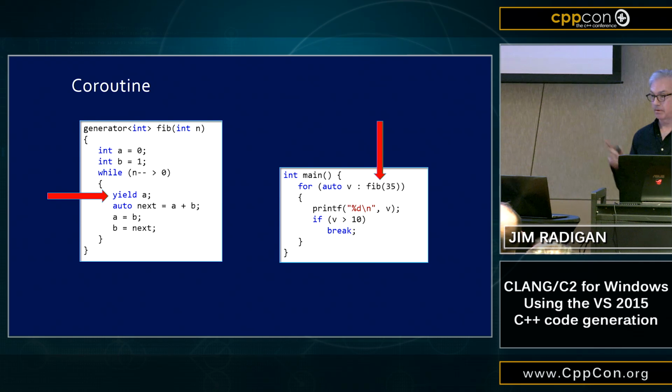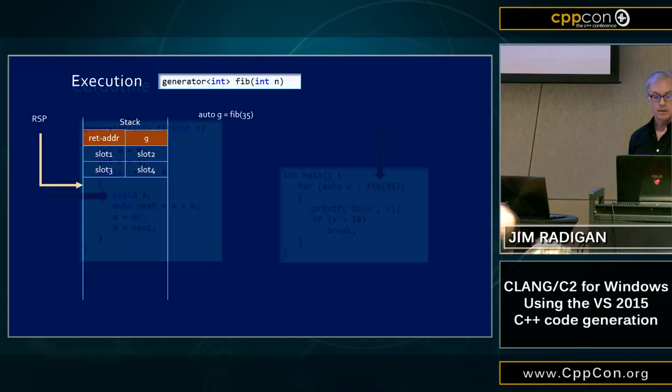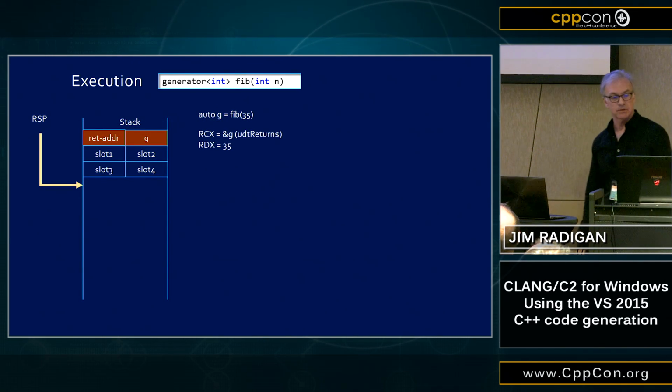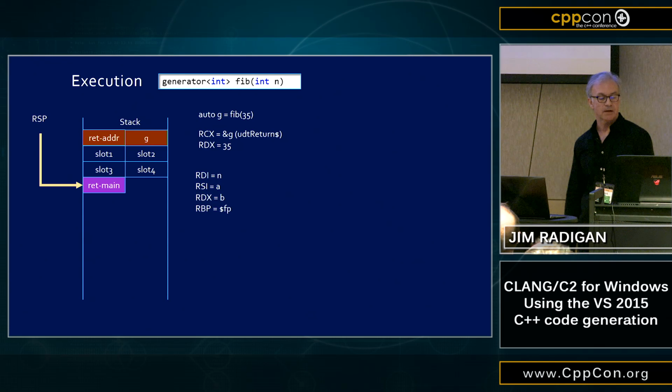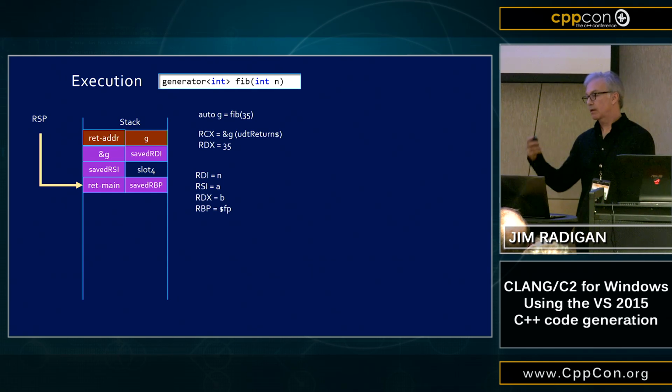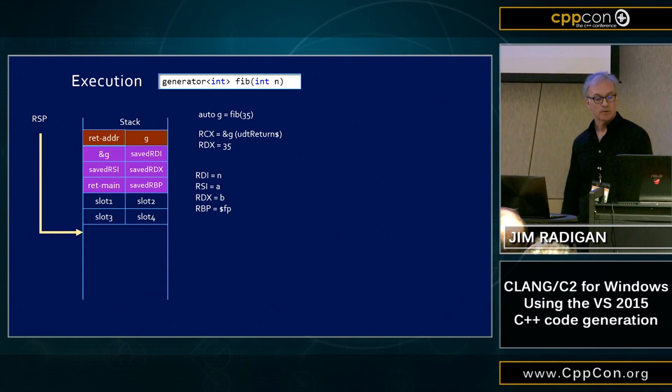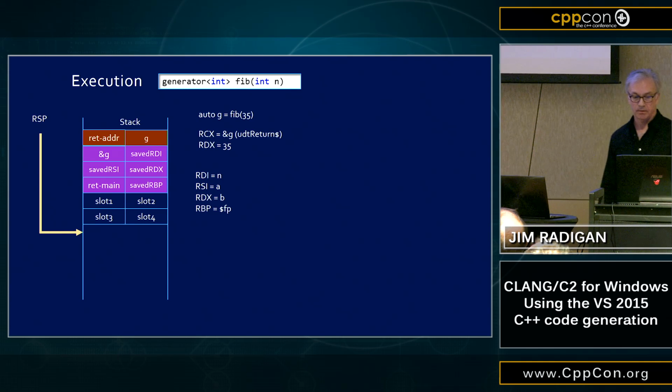Pretty straightforward. So what happens is during execution, we're going to actually save all the context registers in the code generation, so that the code generation for creating the coroutine is all in the compiler, in the back end. We'll grow the frame.